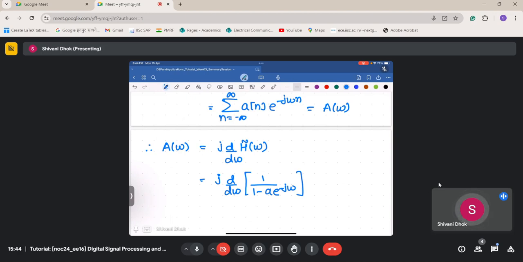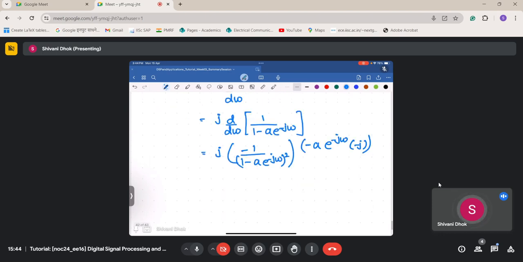So this is equal to j times minus 1 upon (1 minus a into e power minus j omega) square into minus a into e power minus j omega into minus j. This is what we will be having.